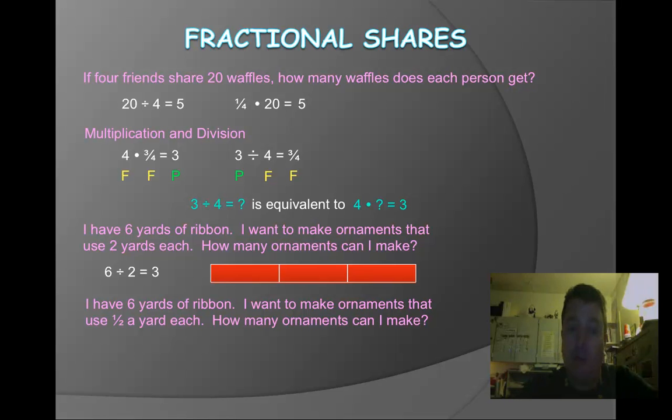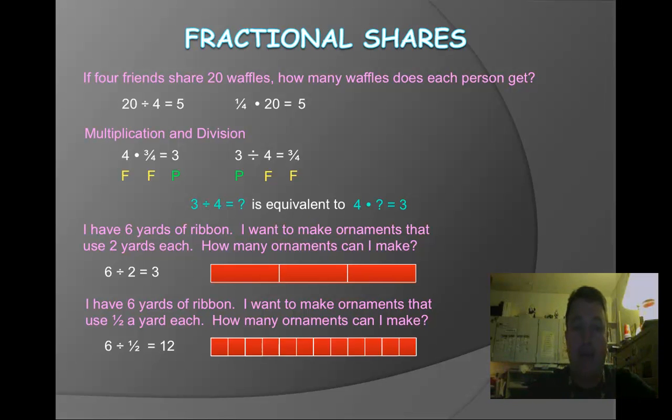Now think about it this way. I have 6 yards of ribbon, except I want to make ornaments that use half a yard each. How many ornaments can I make? Well, 6 divided by 1/2 equals 12, because I'm taking 6 equal parts and I'm splitting each of them in half. We talked about this a little bit in class today too. 6 equal parts divided in half is going to double the number that I had, which is going to give me 12, and that's going to look like this.